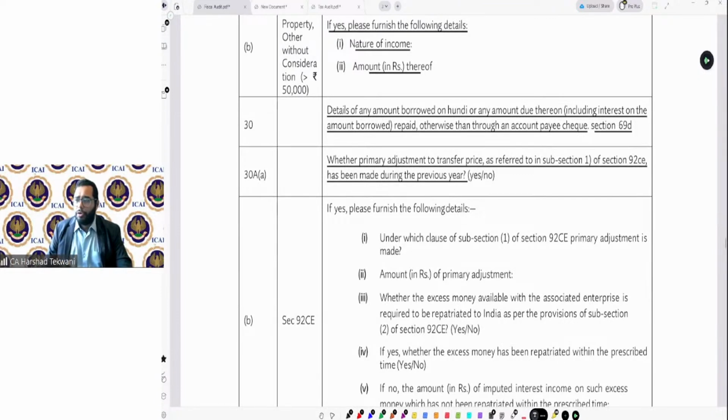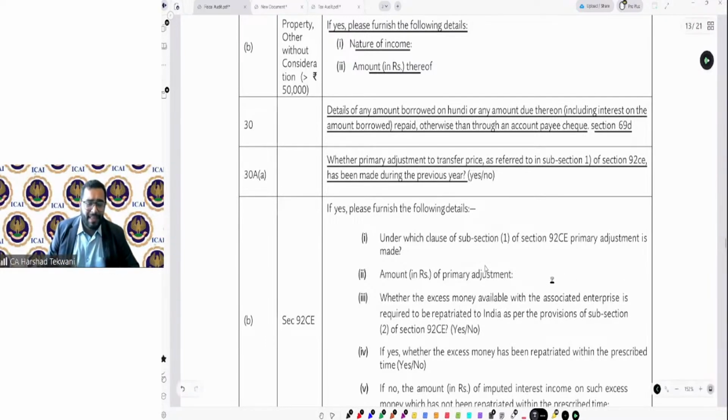So that is secondary transfer pricing adjustment. And if any primary adjustment to the transfer price under subsection 1 of 92CE has been made, then you are required to report it over here.